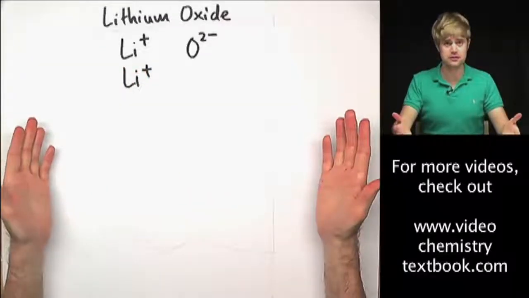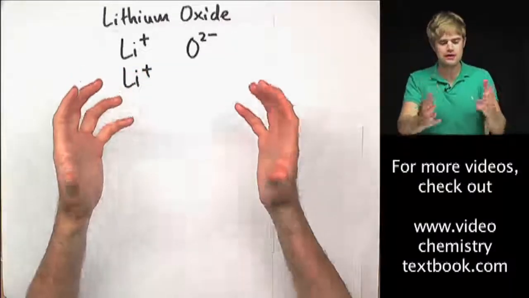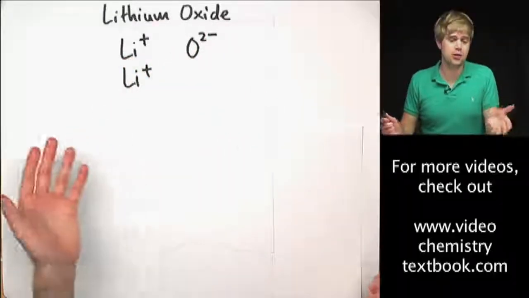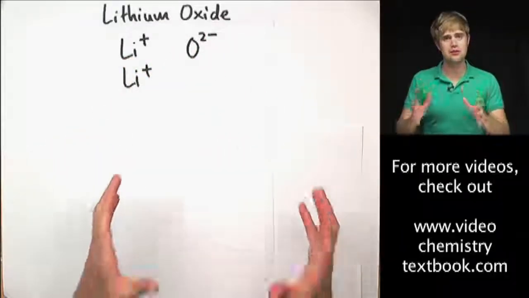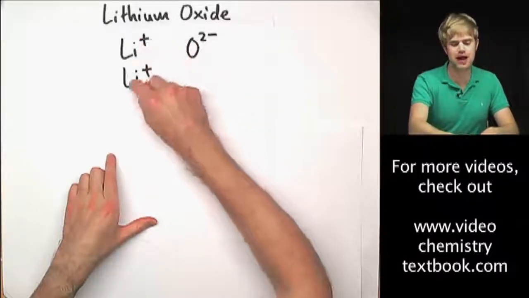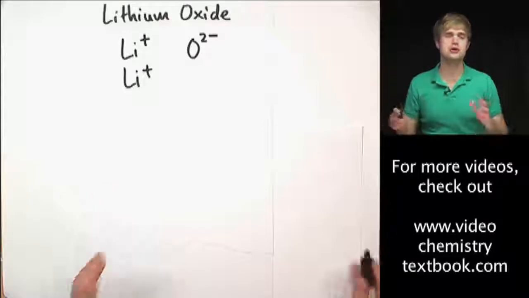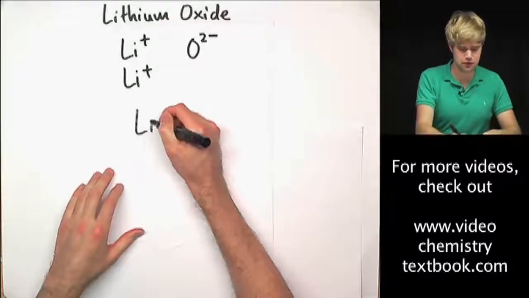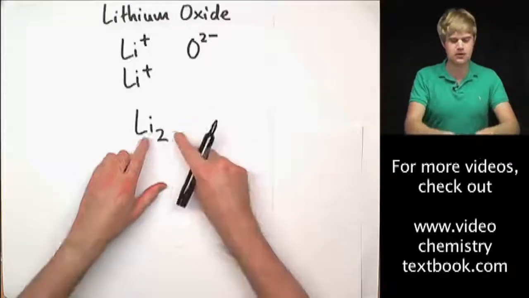And now they balance. So in order to get the charges balanced, I have to have 2 lithiums and 1 oxide, or 1 oxygen. Now when I write the chemical formula, I'm literally going to say how many of each of these atoms I need in order for the charges to balance. And we've said that's 2 lithium atoms. So I'm going to write Li and then the 2 after it.